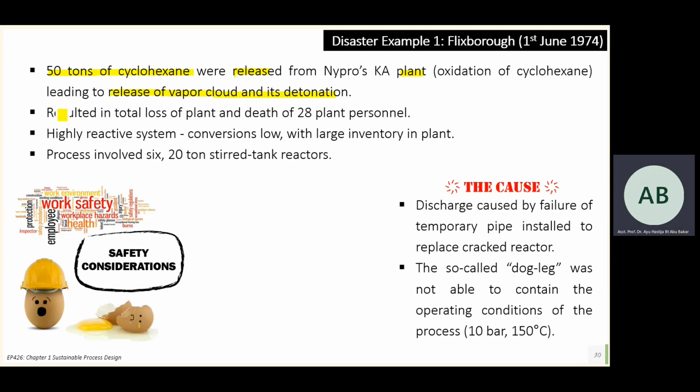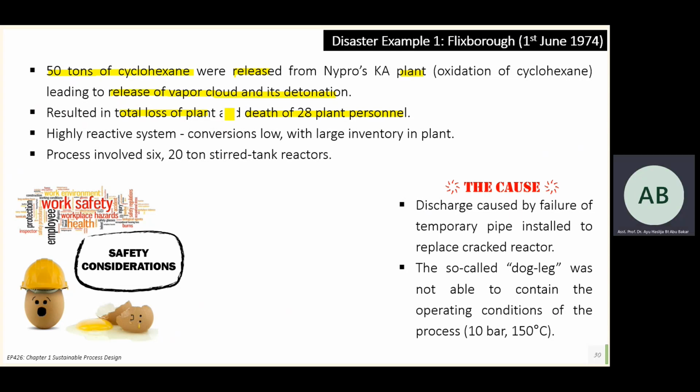Okay, so the impact: total loss of the plant and death of 28 plant personnel. From here you can see how big the impact is toward the environment and also toward humans.